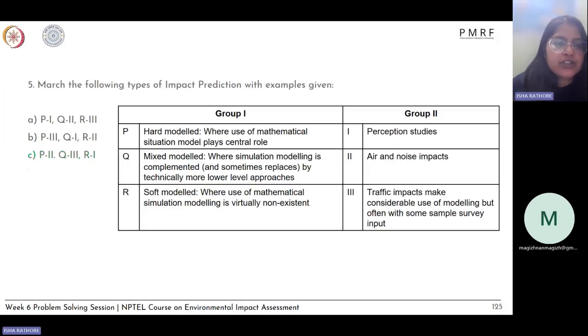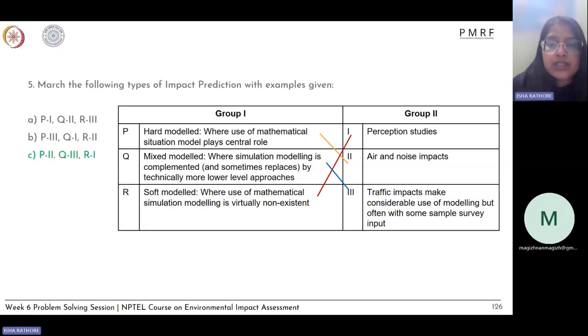Moving on to the next question, match the following types of impact prediction with examples given. So in group 1, we have the different impact prediction models, and in group 2, we have the examples. So the correct answer is C, that is hard model, where the use of mathematical simulation model plays a central role, is used for air and noise impact. So P matches with 2.